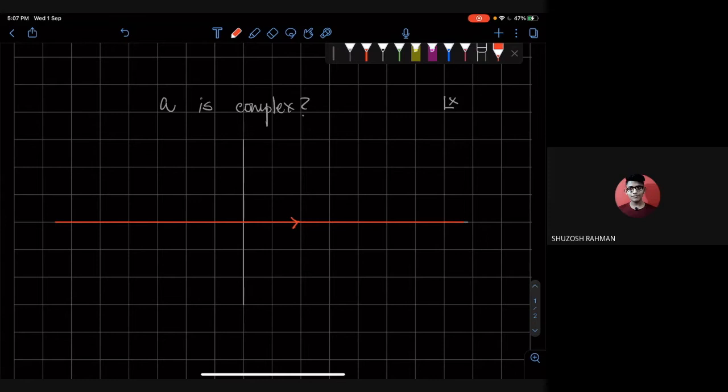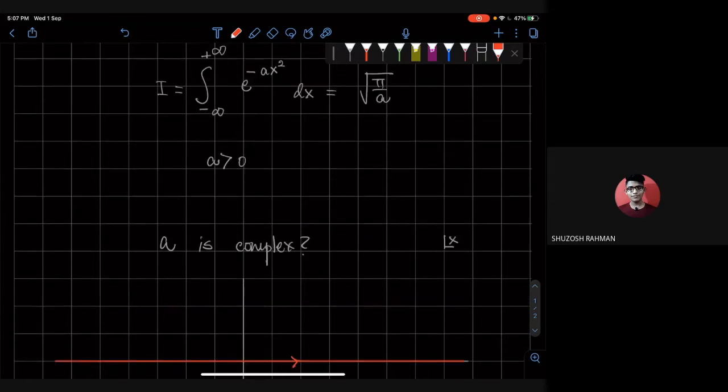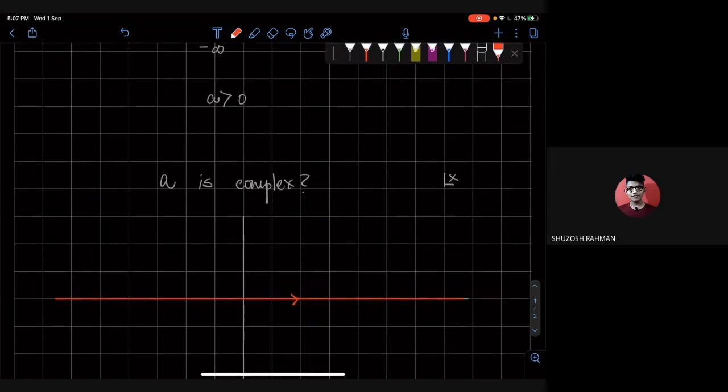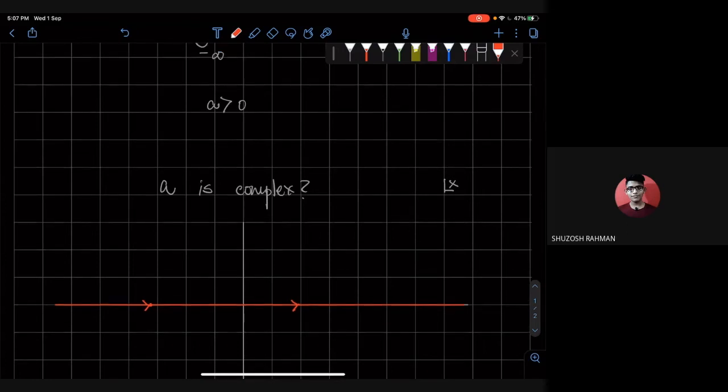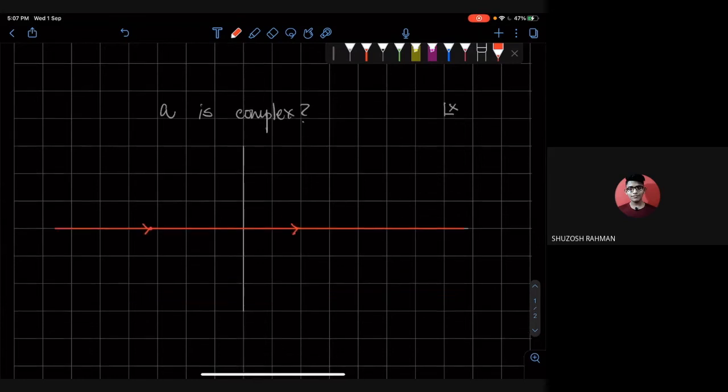So do you agree with that? Yeah. So now, when we use complex contour integrals in complex analysis, we use Cauchy's residue theorem, right?